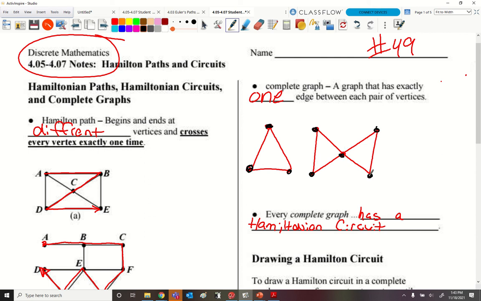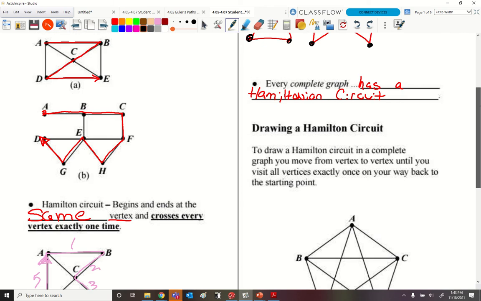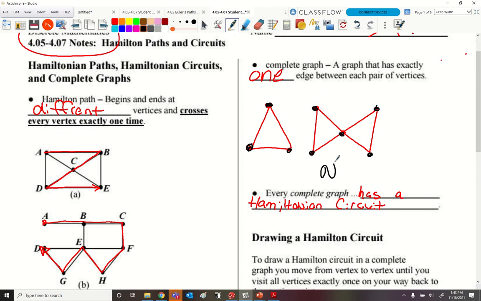Now, this one here is not. The reason why it's not is because it's missing a line here. It's missing a line, so these two are not connected.